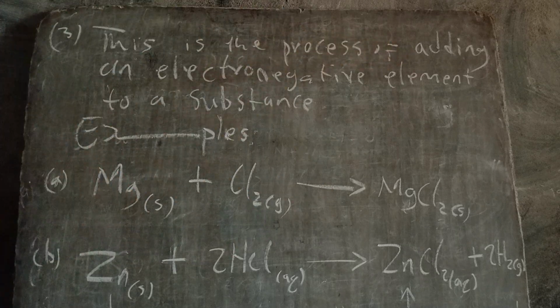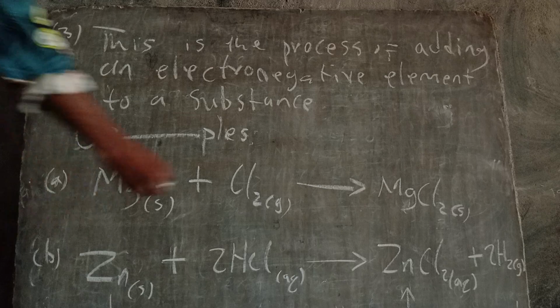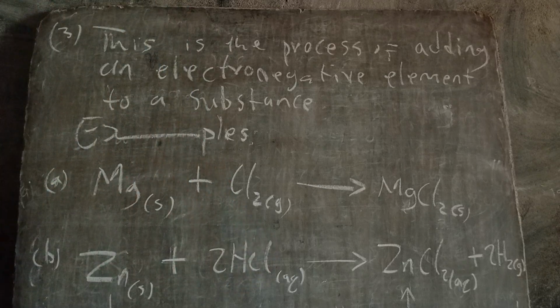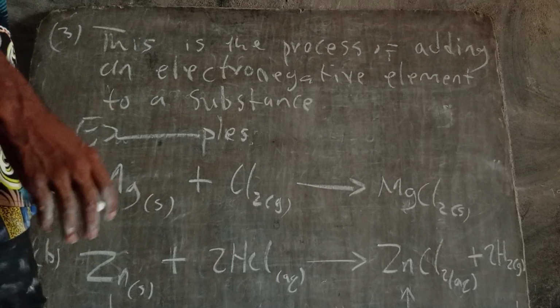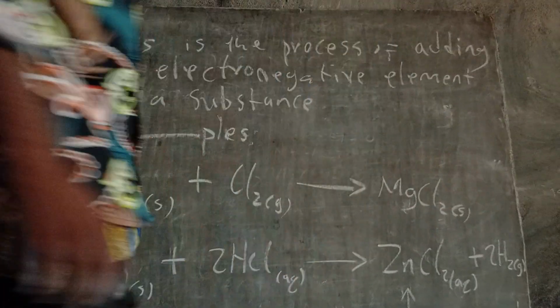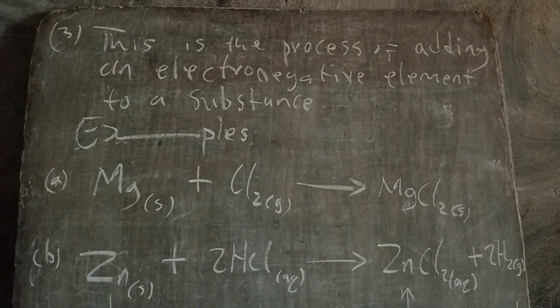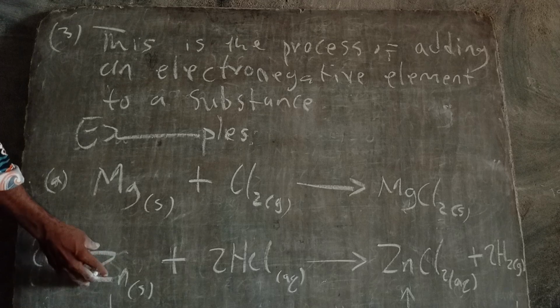Look at this B. This is zinc reacting with hydrochloric acid. It produces zinc chloride and hydrogen gas. If they ask you to identify the type of reaction happening here, this is zinc, a substance.